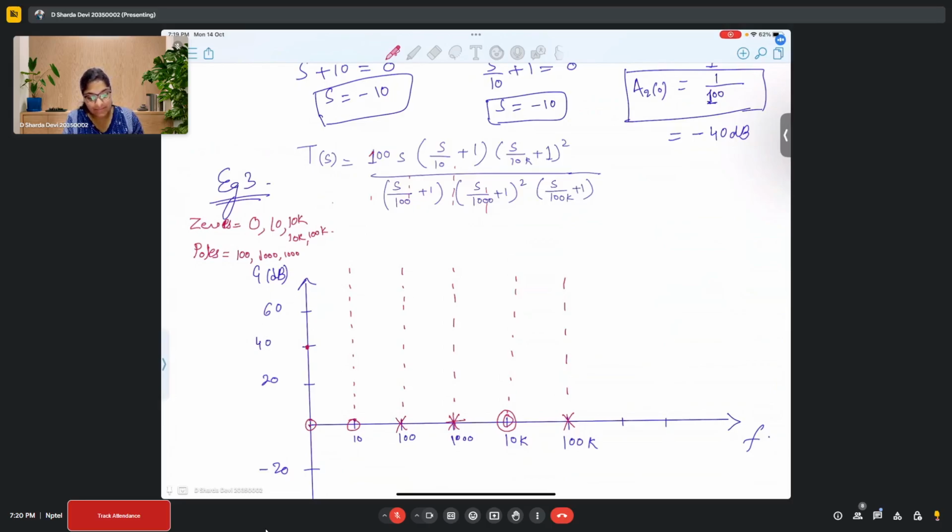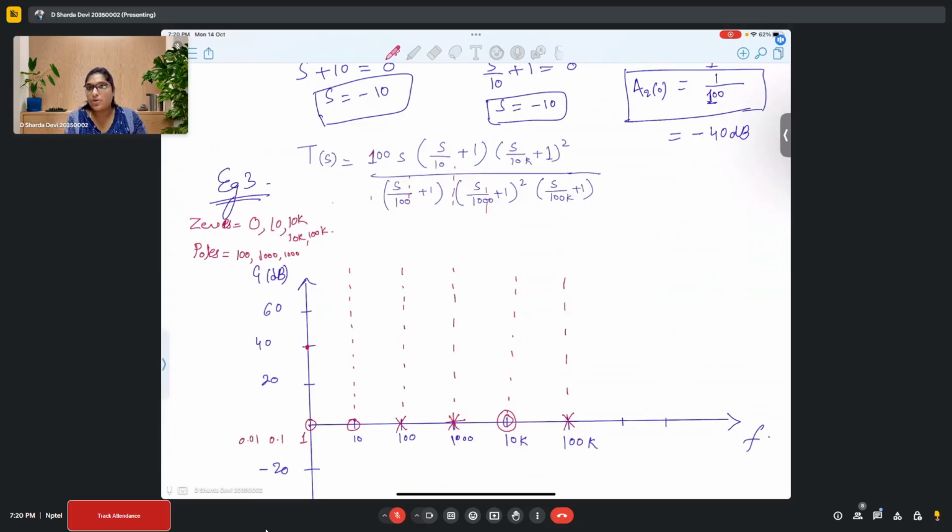Before 10, you will get a 1, then you will see 0.1, 0.01, right? So we can understand that we are starting the graph from 1 hertz frequency. And since it is 1 hertz, we can see 1 by 10, 1 by 10K, 1 by 100, 1 by 1000.